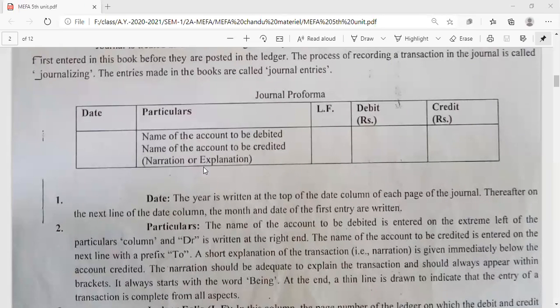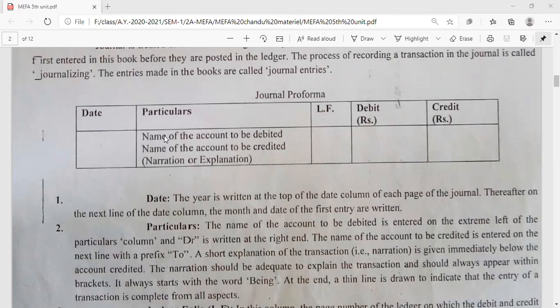For example, if you are willing to pay some salaries, or else some company has given you the raw material. That means they sold the raw material, and now you have to pay the money.